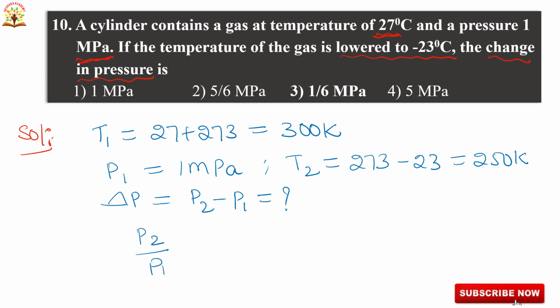So P2 by P1 is equal to T2 by T1. Subtracting 1 from both sides, P2 by P1 minus 1 is equal to T2 by T1 minus 1.